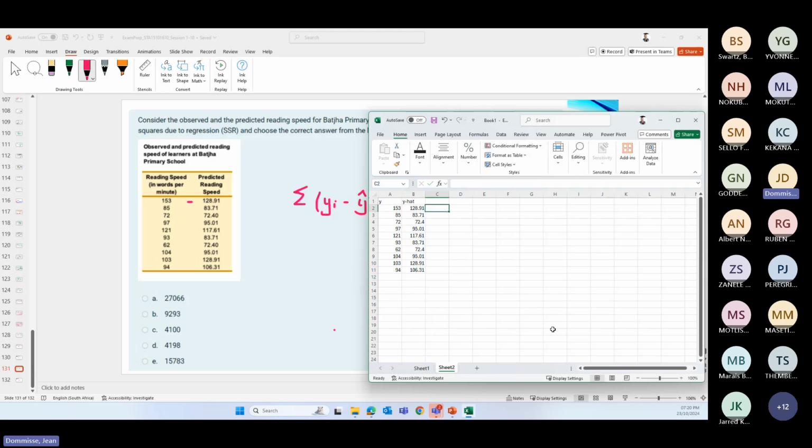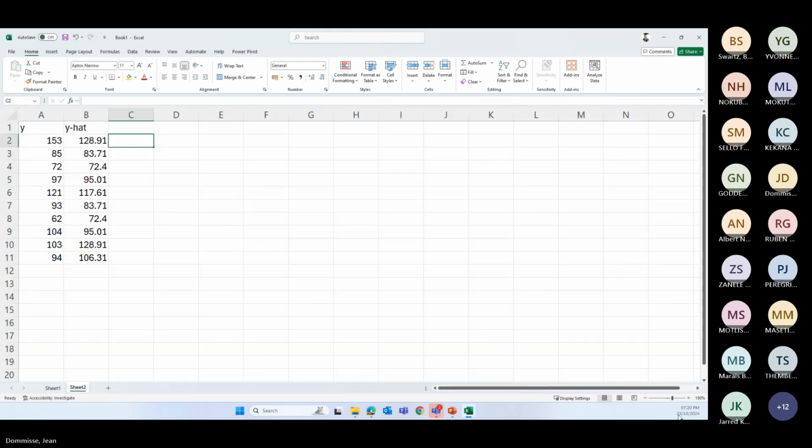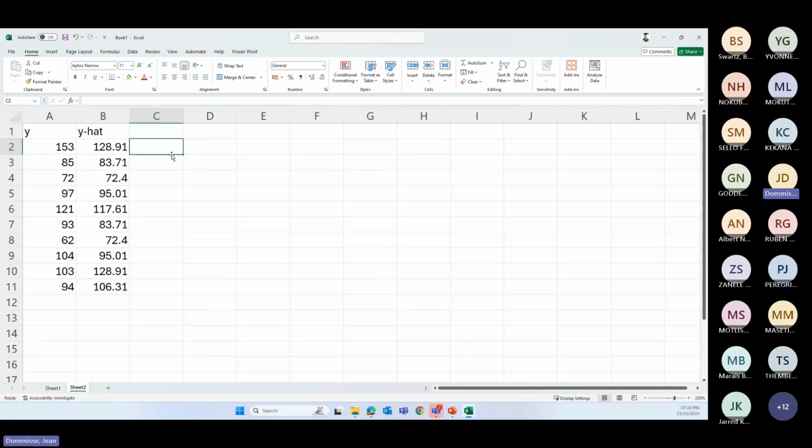Okay, so what I would do first, and let's just make it bigger, is to say what's the difference in the two. So that minus that, not minus 1, minus that.